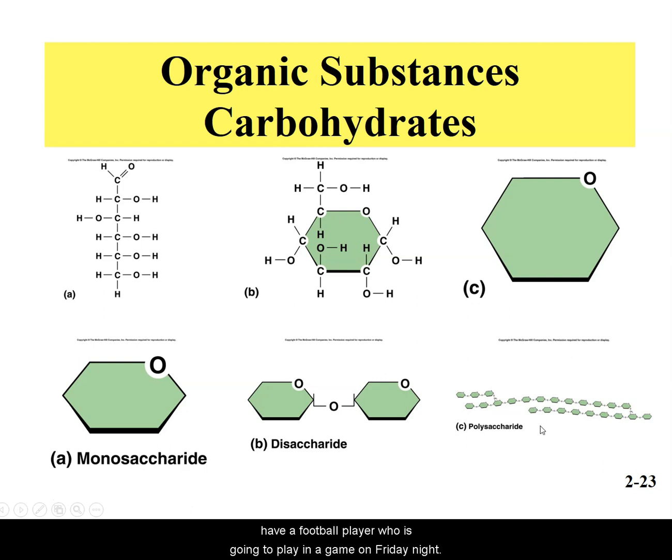So you have a football player who's going to play in a game on Friday night. So Thursday night, he eats spaghetti and pizza for supper, and that spaghetti and pizza has a lot of starch in it, and that starch is a polysaccharide and has a lot of sugars bonded together. So while those things are being digested, it releases a lot of sugar to be used with metabolism for energy.